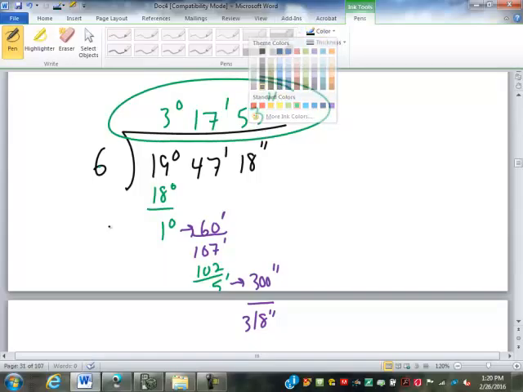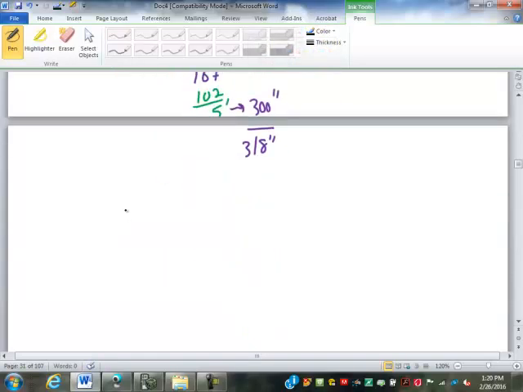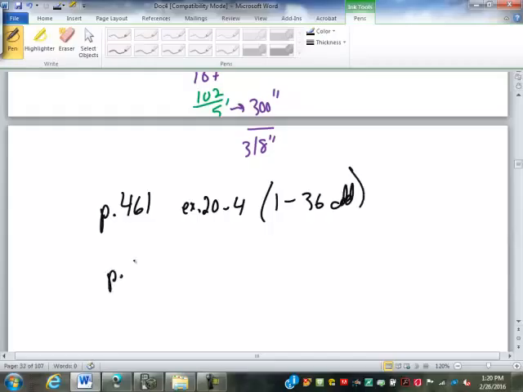Well, that's good enough for our first hour of class. Page 461 in your book, it is exercise 20-4. There is 1 through 36 the odds. On page 464 in your book, exercise 20-5A, 1 through 35 the odds.